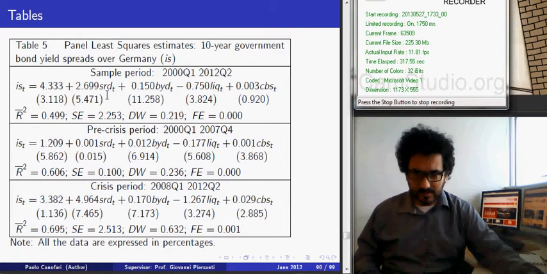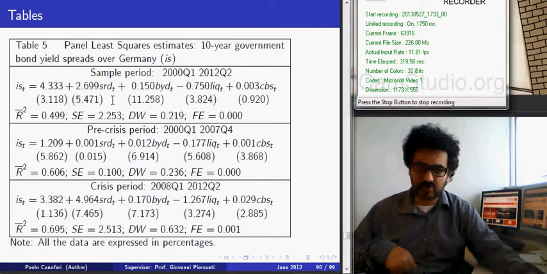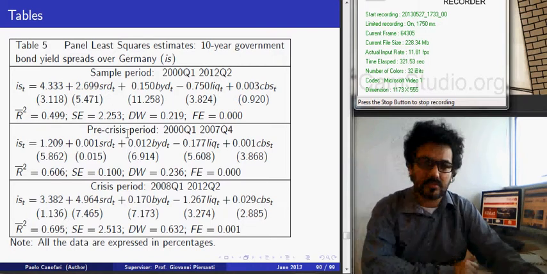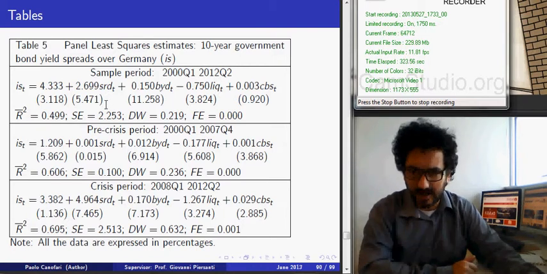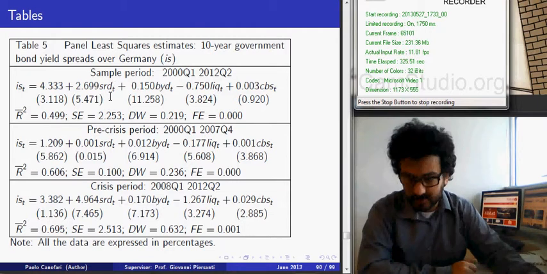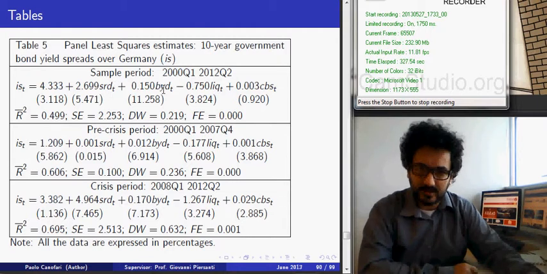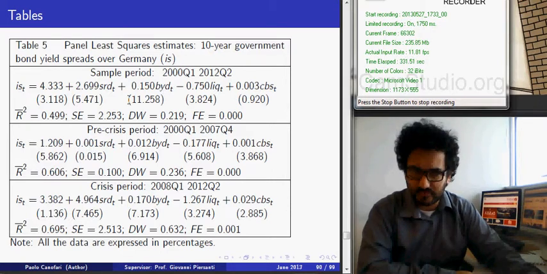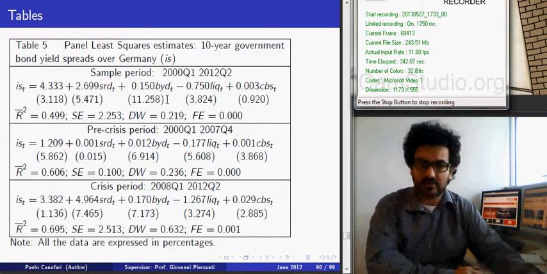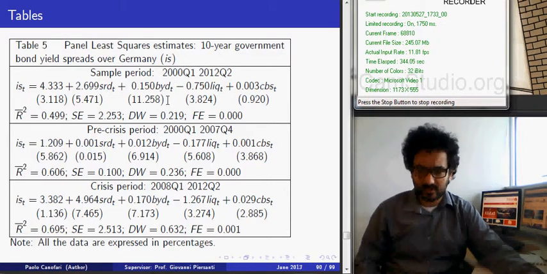The main variables are: S_it, which is the difference between the shadow exchange rate of country i and the relative shadow exchange rate for Germany. This is the difference between the debt to GDP ratio and the debt to GDP ratio in Germany.